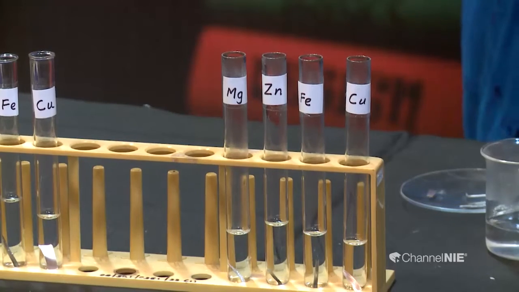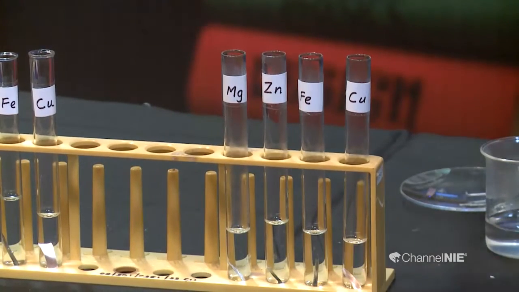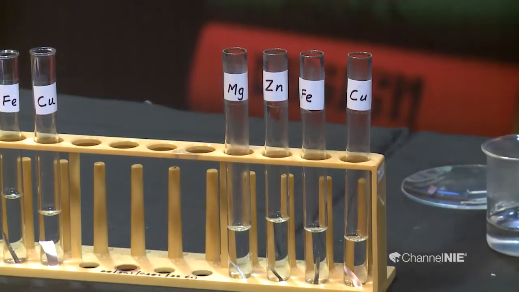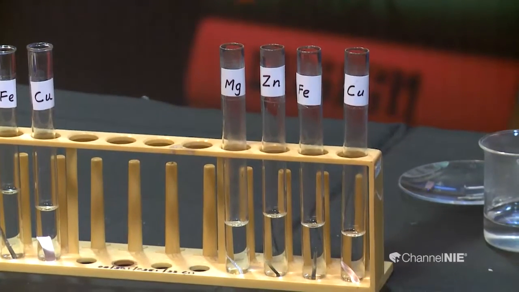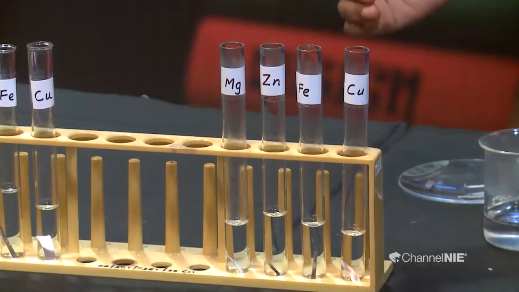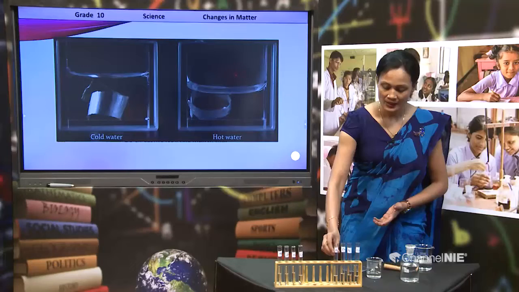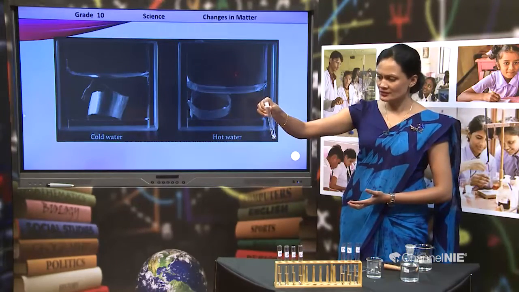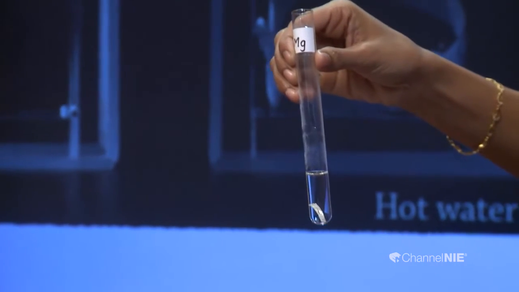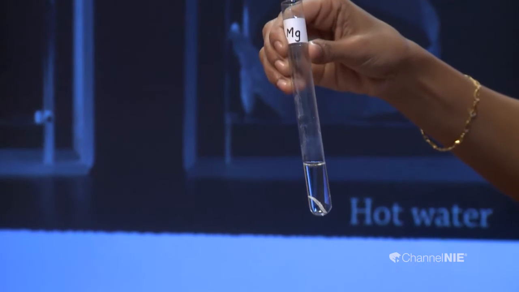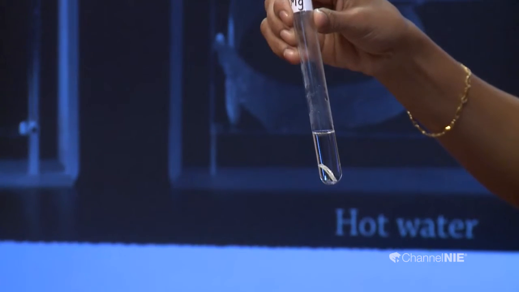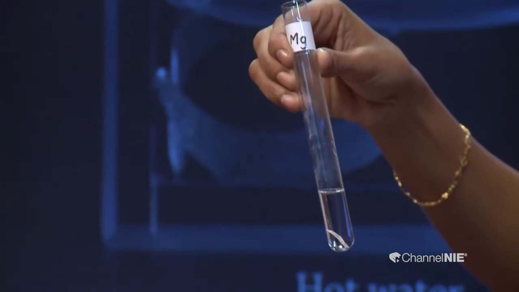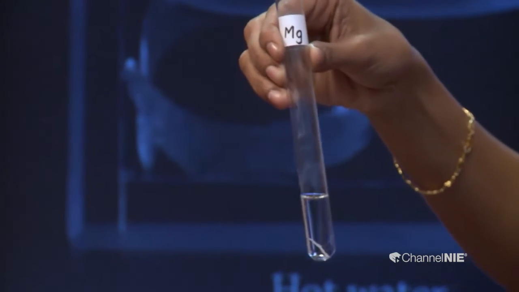Observe that, children. Here I put different metals and after that I pour hot water into each test tube. If you observe it very carefully, you can see small gas bubbles evolving near the magnesium strip.